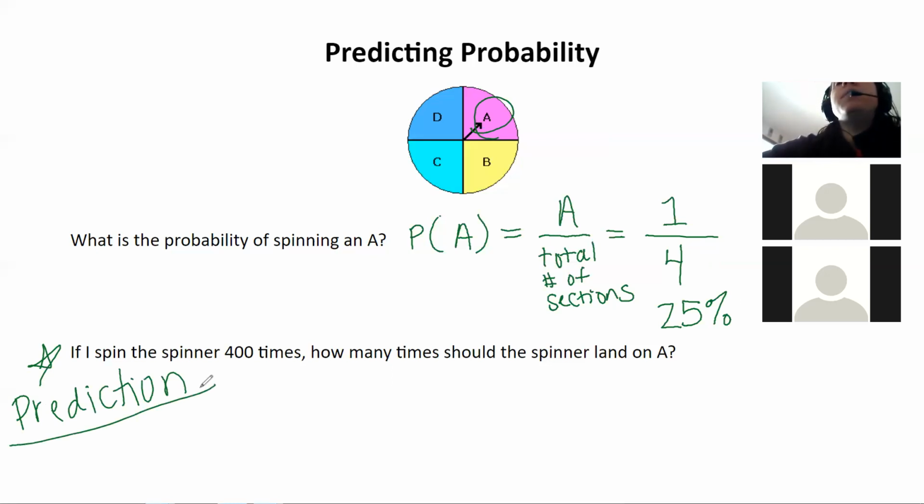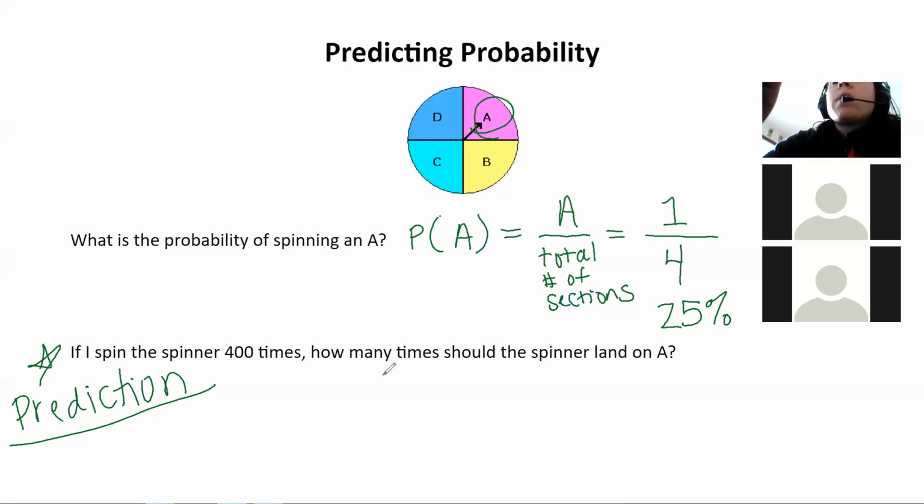If I spin the spinner 400 times, how many times should the spinner land on A? Yeah, you're totally right. Mathematically we cross multiply, but you might not need to because you guys are very good at reasoning that out.